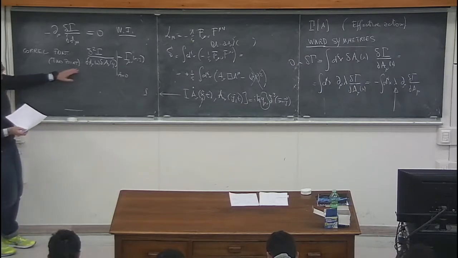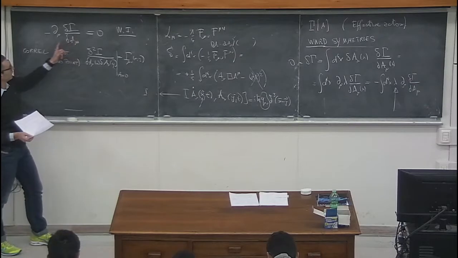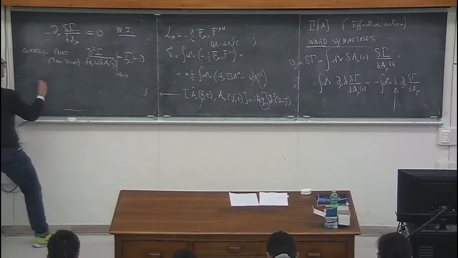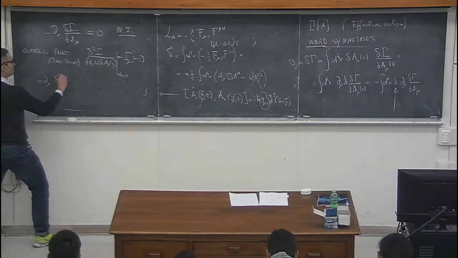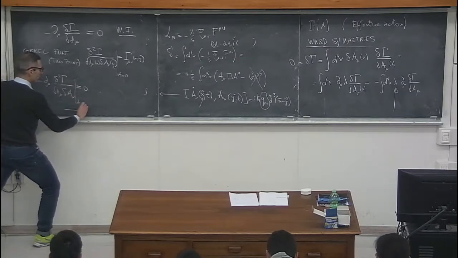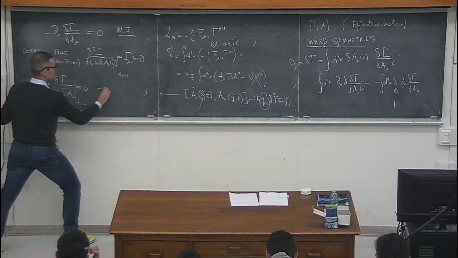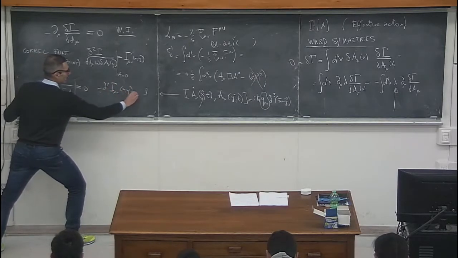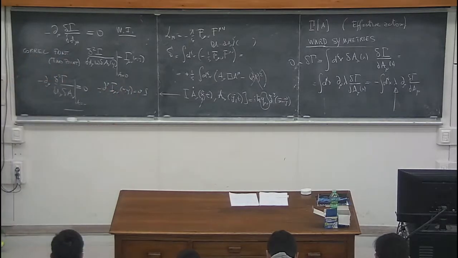Now you see that if I take one functional derivative with respect to A of these equations, okay, so I get what? I get ∂_μ δ²Γ/δA_μ δA_ν must be equal to 0. Just put A equal to 0. So this means that I get minus ∂_μ Γ_μν(x,y) must be equal to 0. Okay. So this means what?